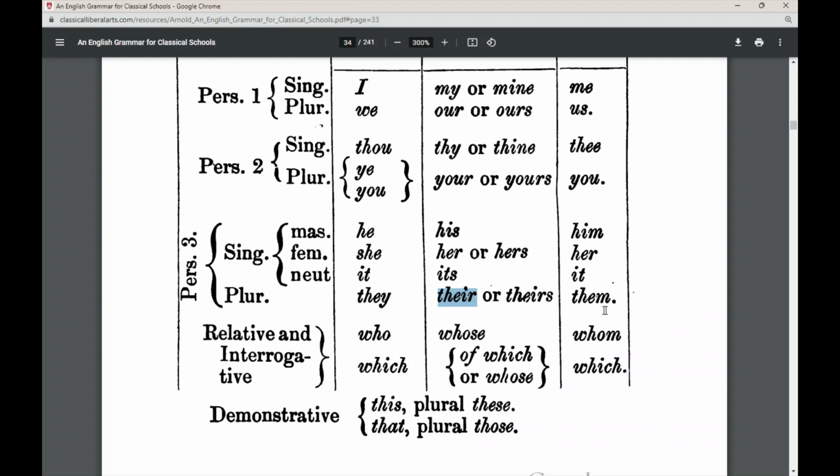And then in the accusative case, we see them. So they is the nominative case, if you're using it as a subject in a sentence. Their expresses possession, and them is the accusative case. It's to be used in expressing an object of a verb. They, their, and them. These are the third person personal pronouns.